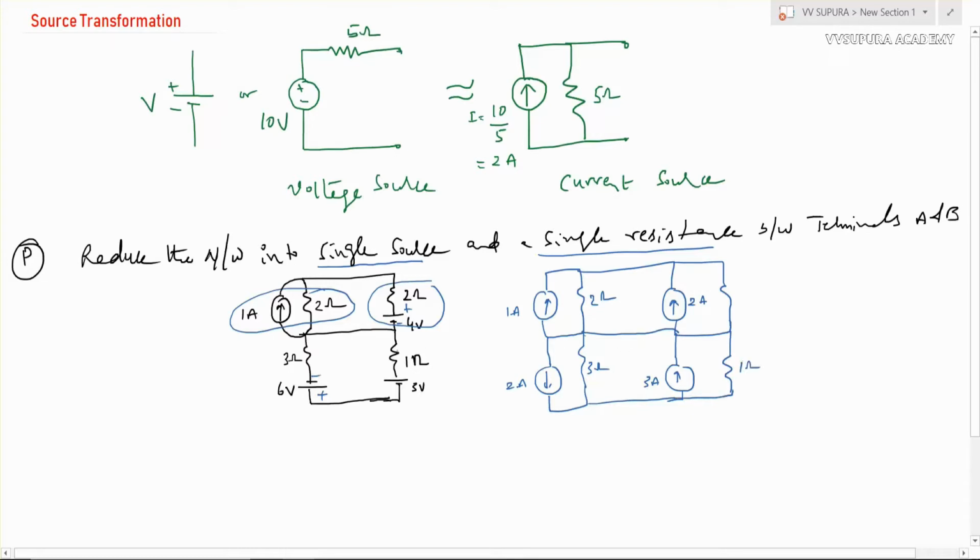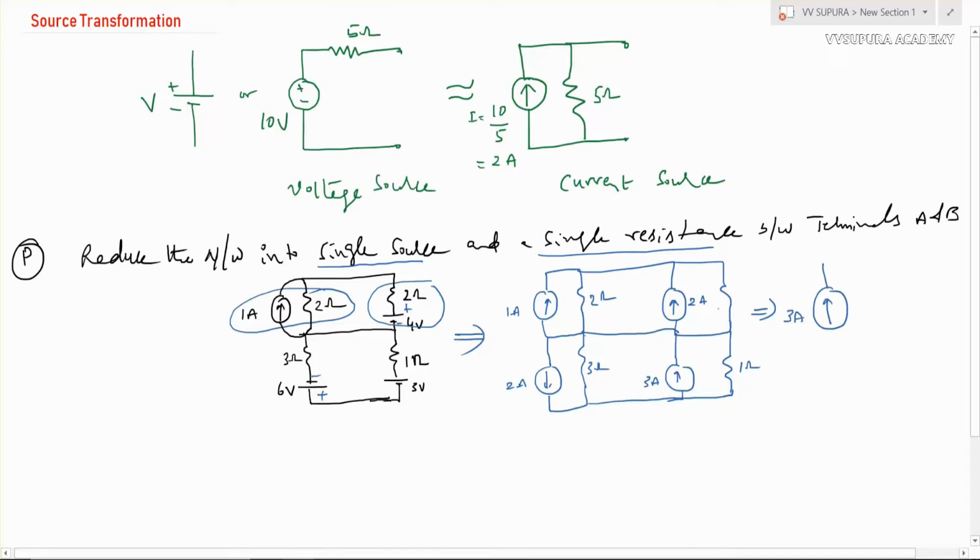Now I have converted all the voltage sources into current sources. From this network, 2 amperes and this 1 ampere, I can take the total as 3 amperes, because both are in the same direction. So I can replace these two current sources with a single current source of 3 amperes.